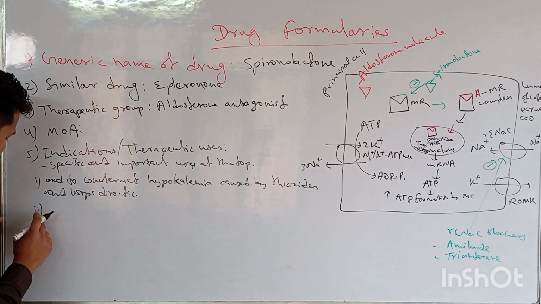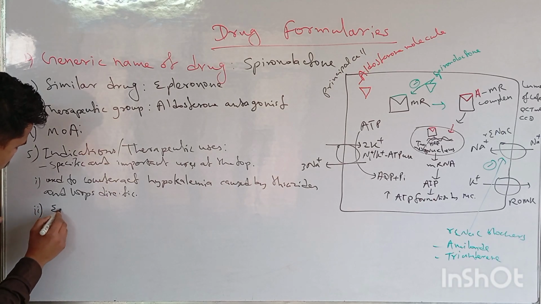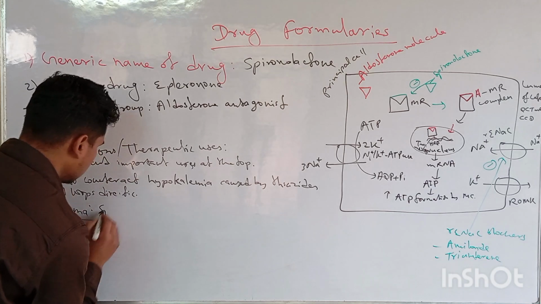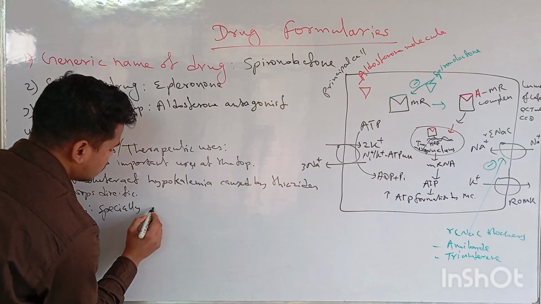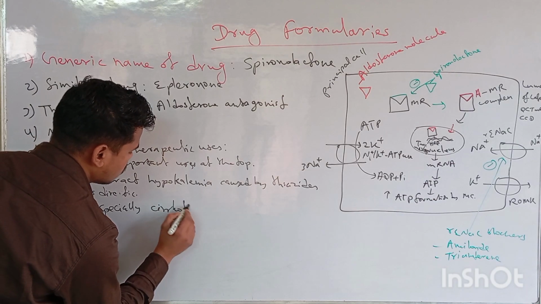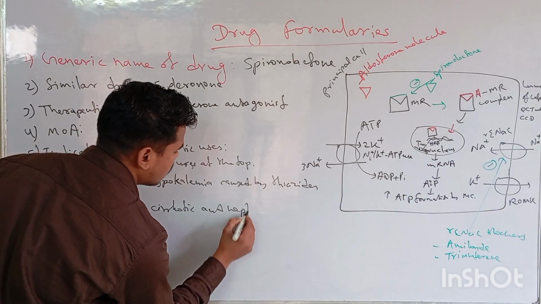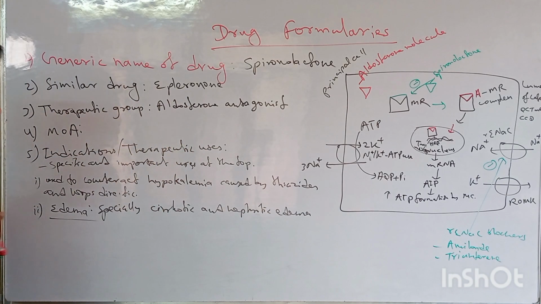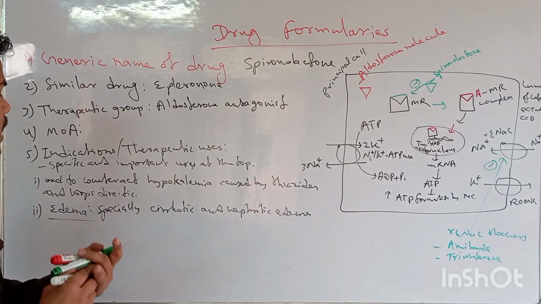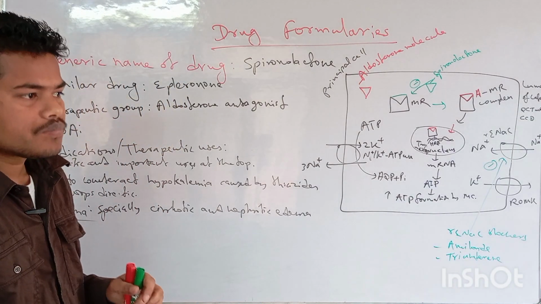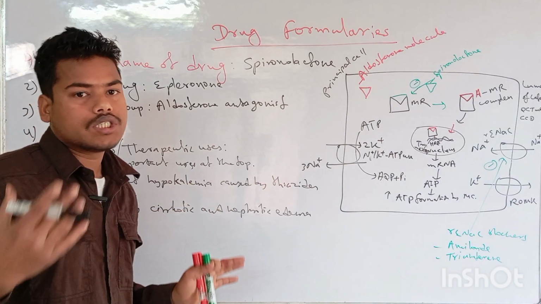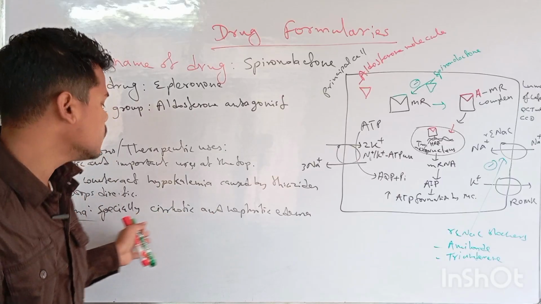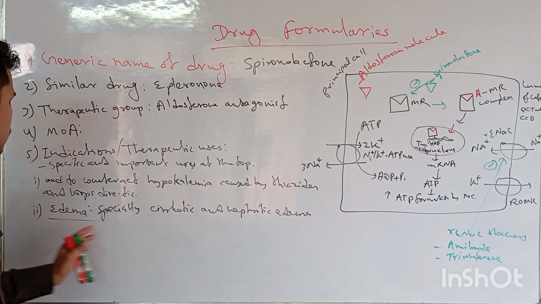Now the next use is edema, especially cirrhotic and nephrotic edema. These drugs are preferred. Edema, you know, is the accumulation of excess fluid in the interstitium of the body tissue cells.